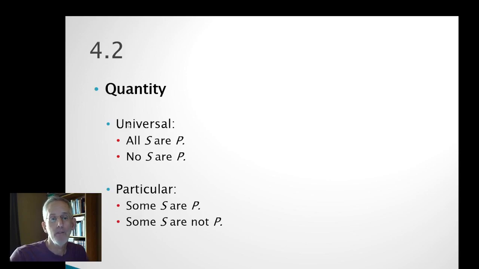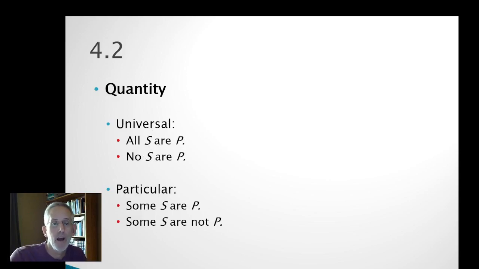And the quantity for a no S are P proposition is also universal because it's making a claim about every member of the S class and every member of the P class in that case. So the quantity is universal for all S are P and no S are P, because we're asserting something about every member of either the subject class or the predicate class or both. Subject being the first term here and the predicate being the second term.